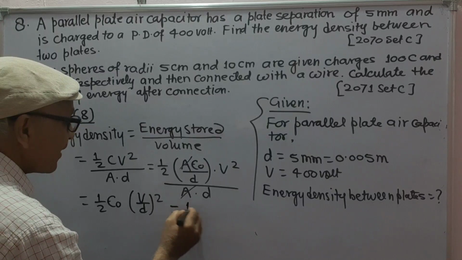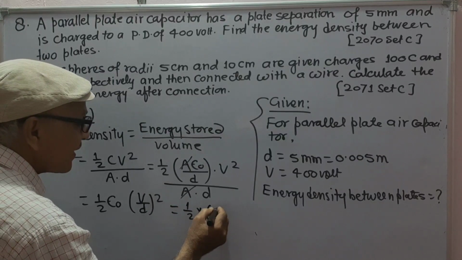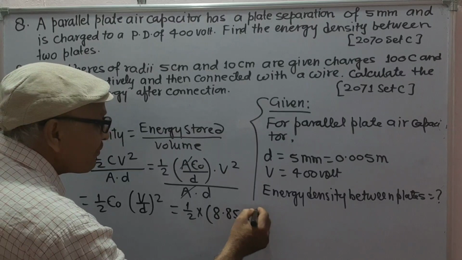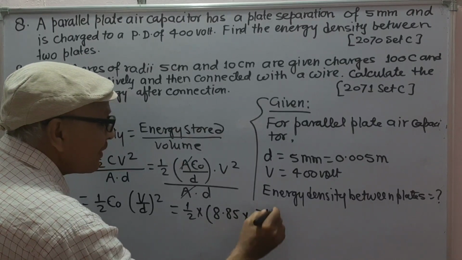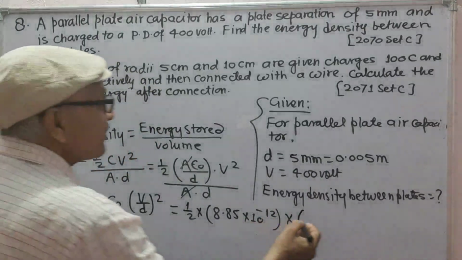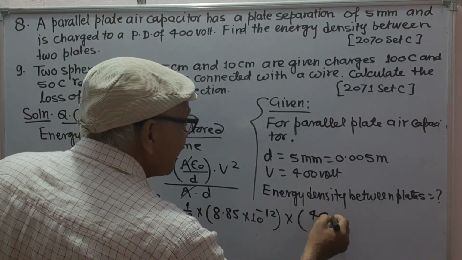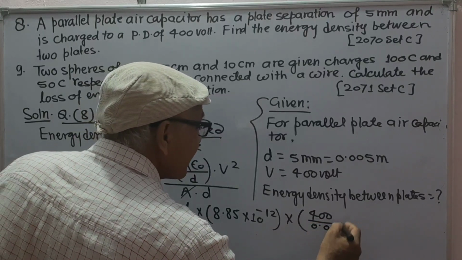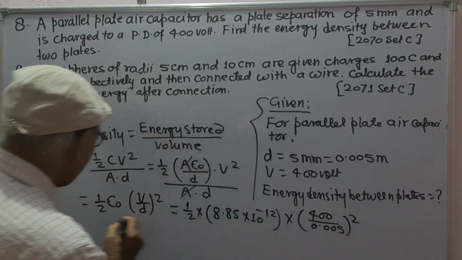This is 1 by 2 epsilon naught, which has value 8.85 into 10 to minus 12, and V is given to be 400 and D is 0.005, its square.